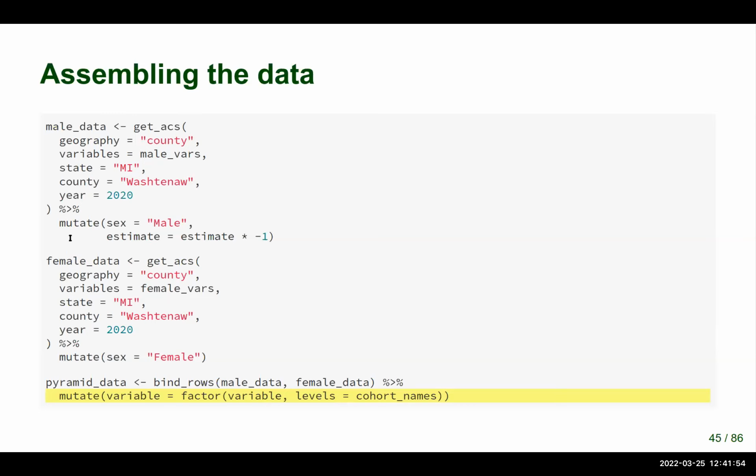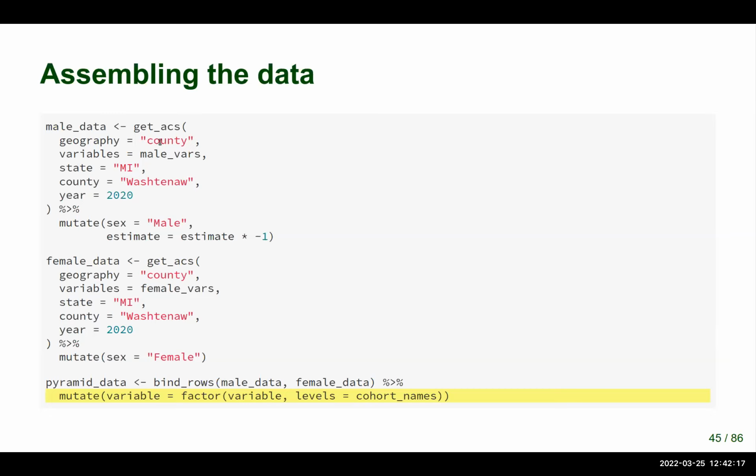I'm going to step you through step by step how we're preparing data for the pyramid. I'm going to make two separate calls to getACS to do this. The first is I'm going to create a data set called male_data. And you'll see why I want to separate those out just for purposes of illustration.